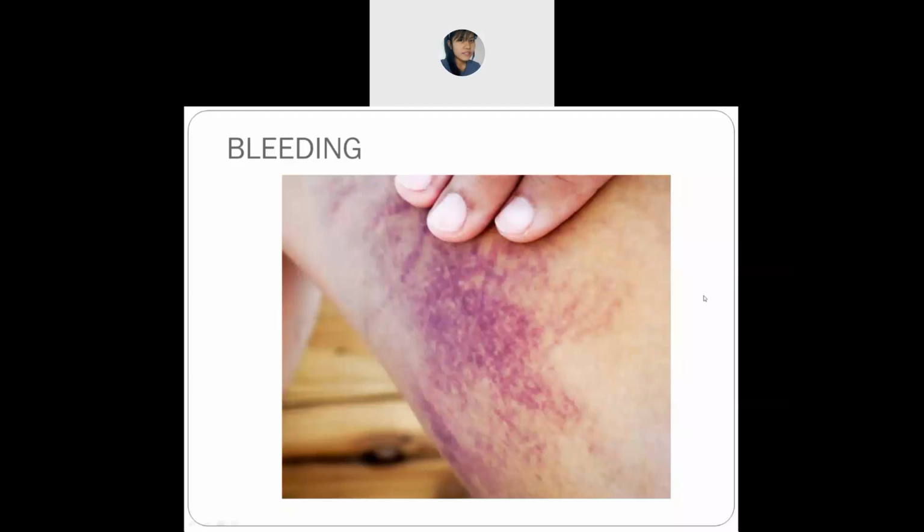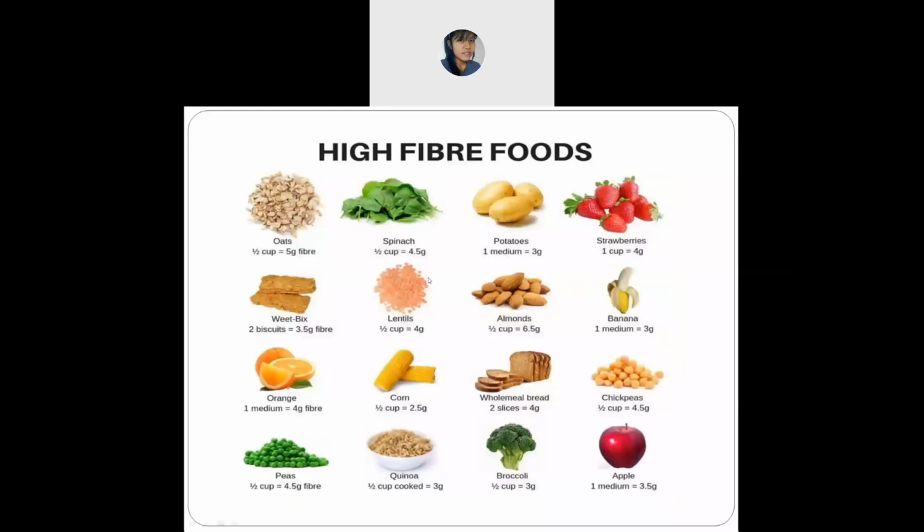Okay. Apples. Anything else? Beans. Okay. You can take a screenshot also if you want. So all these are high fiber foods.